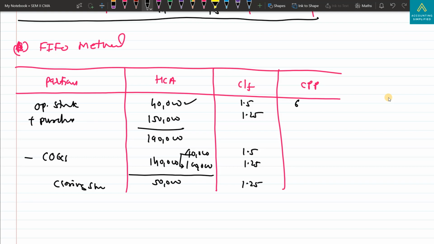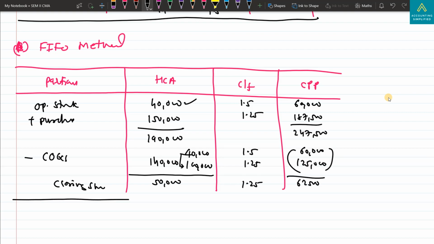Now total it and get your answer. 60,000, 1,87,500. So total 2,47,500. And now this is 60,000, and this is 1,25,000, and total comes 62,500. This we need to deduct, remember.